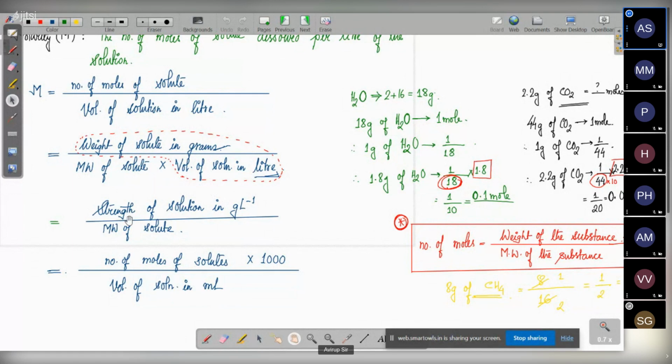You can also write the concentration of solution in gram per liter, because in the numerator you have gram and in the denominator you have liter. So that is why gram per liter. And strength is concentration only.